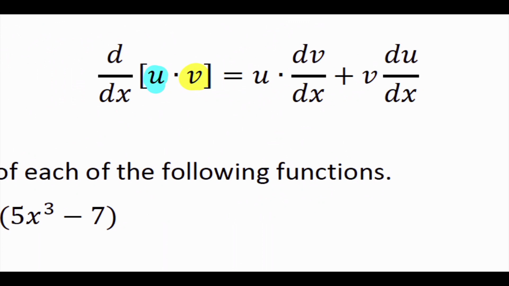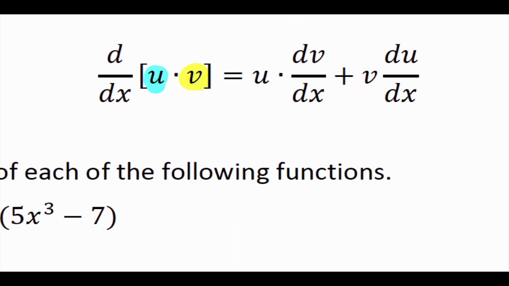Whatever the first was, rewrite it. Times the derivative of v, the second. Okay, so the first times the derivative of the second, that's one term, plus the second times the derivative of the first. Okay, so first times the derivative of the second, plus the second times the derivative of the first.